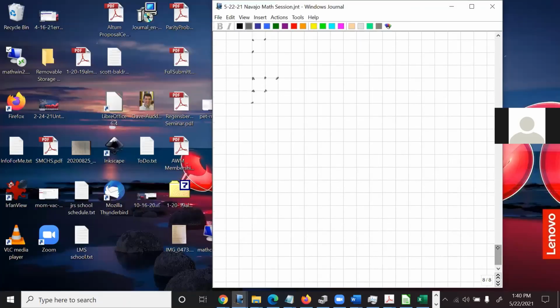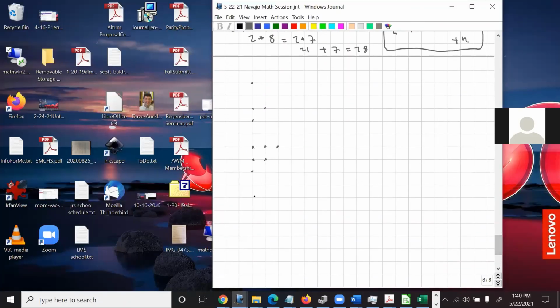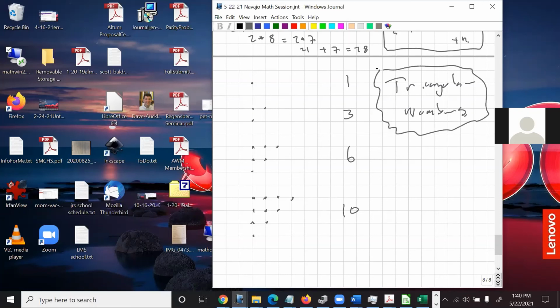Here is the next one. This is 1, 3, 6, 10. These things are called triangular numbers. So we're discovering things here.